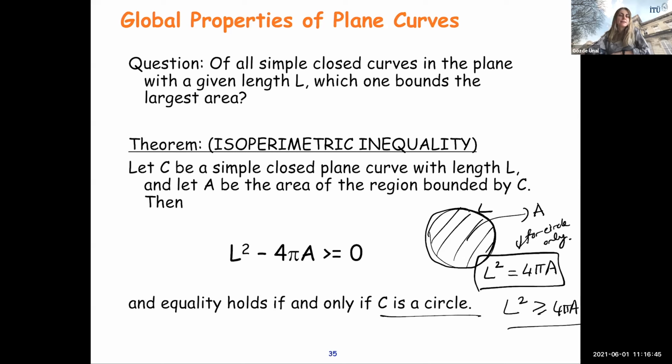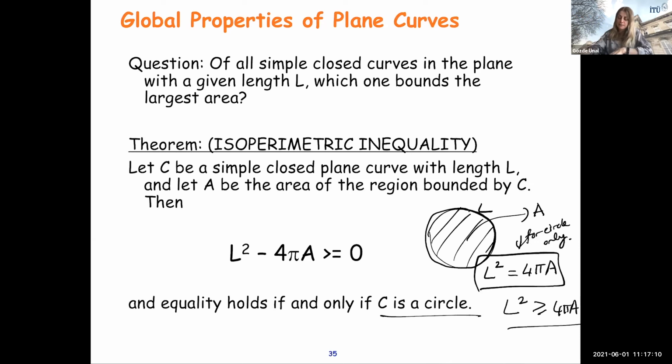Now you may be asking, why am I talking about this? This is another feature, for instance, about the blobiness or circularity index. You could look at L squared and A and look at this relation. If it's close to equality, it's a more circular shape, if you can calculate the area and the length of the curve.